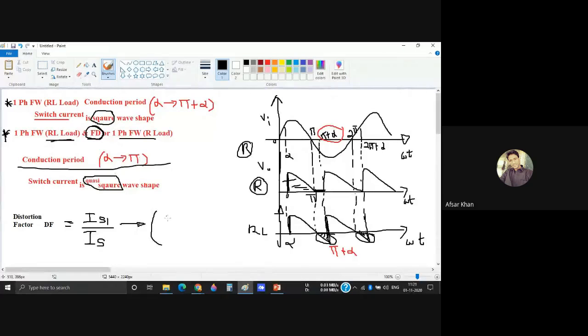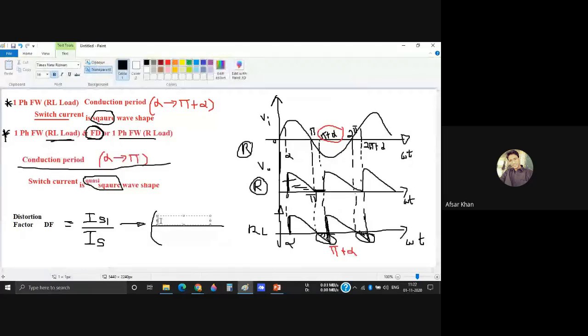So here we can write: fundamental component of source current divided by source current.